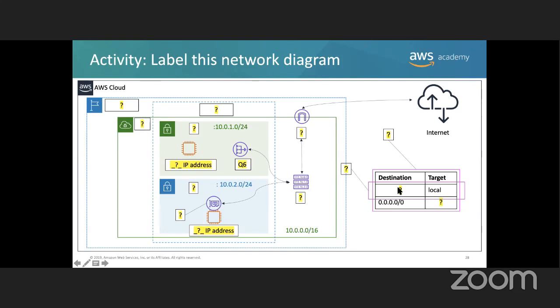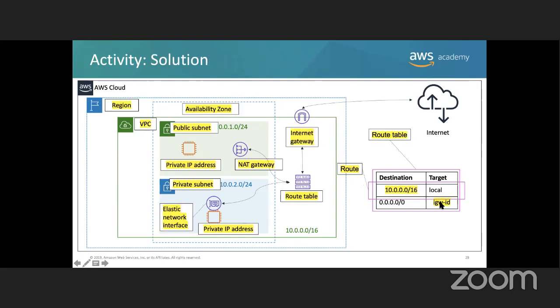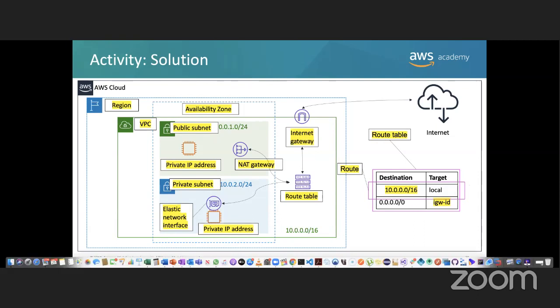VPC IP address. Yes, that's the CIDR of the VPC, which is right here. And what is this here? Internet gateway. Okay. So take a look at that and see if that is similar to what you told me.